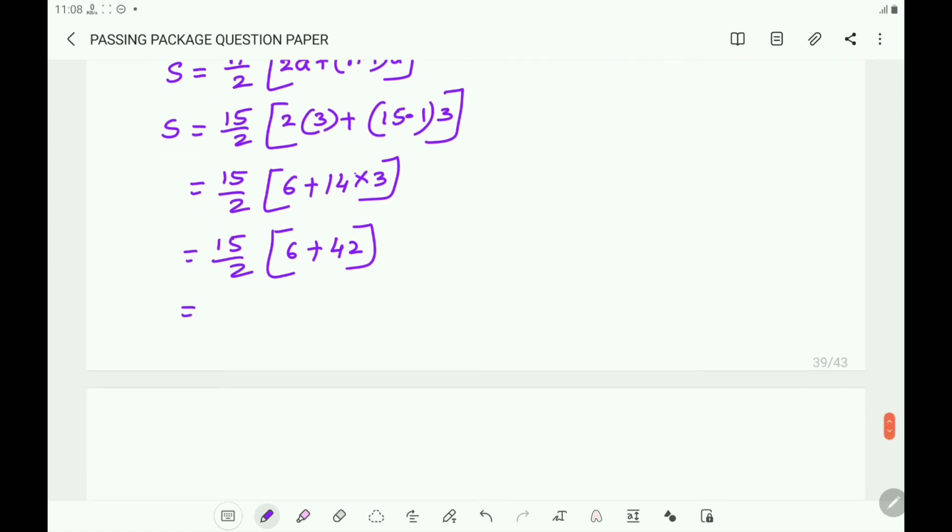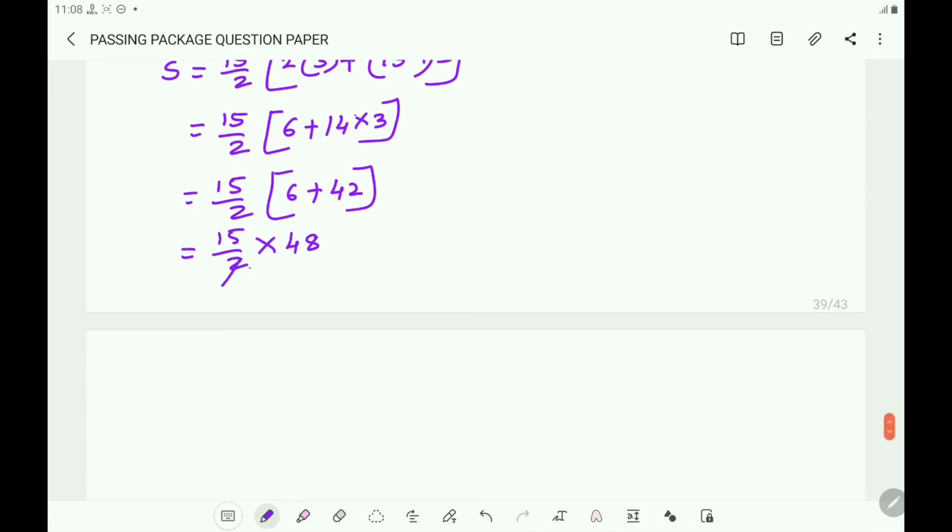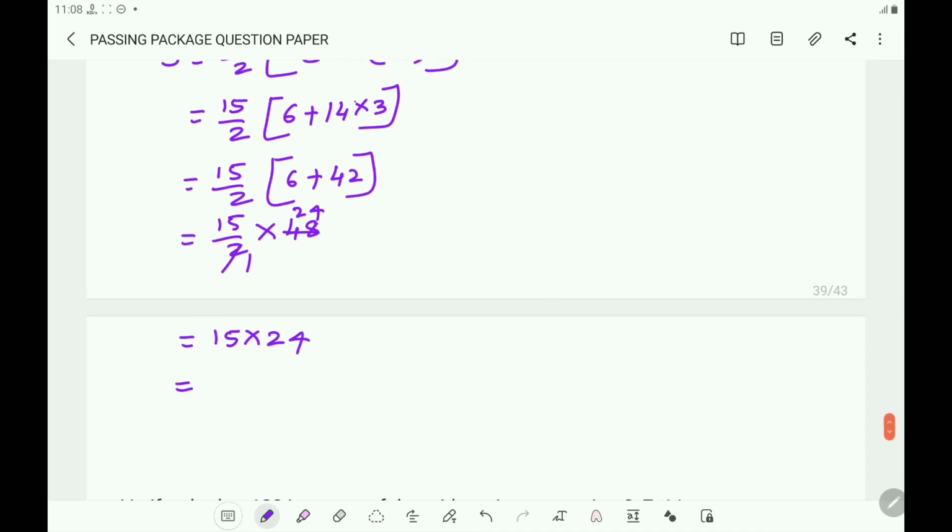That equals 15 by 2 into 42 plus 6 is 48. So write it is 48. 6 plus 42 is 48. 2 1s are 2, 24s are. So it is 15 into 24. Then you find the product of 15 and 24.